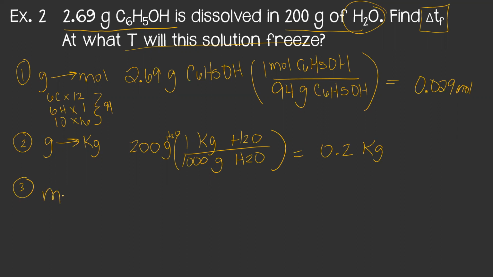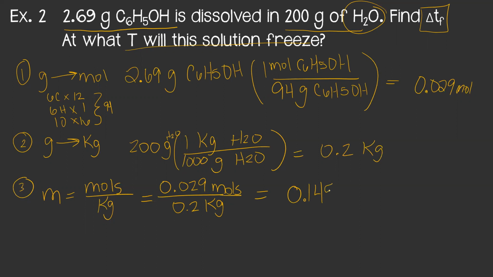Now I can do M equals moles of solute over kilograms of solvent. And I get a number of 0.145 M for molality. Or if you put 0.15, that's fine.